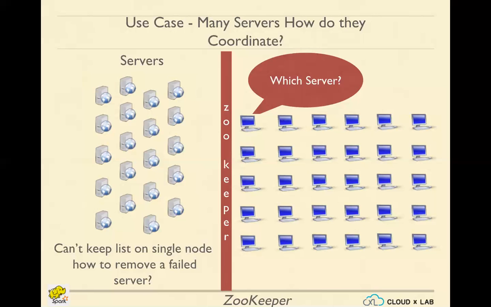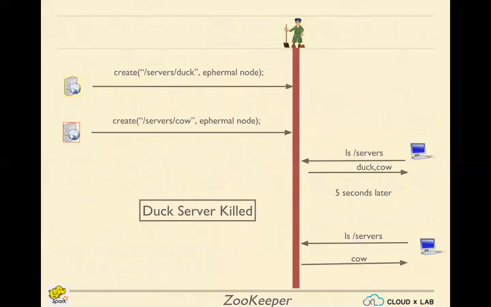Let's take a very simplified case. We have two servers, cow and duck. On the left-hand side, you see these two servers. One informed Zookeeper, hey, create my ephemeral node called duck under slash servers.